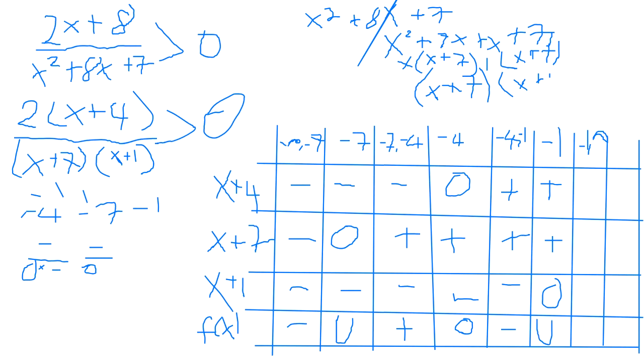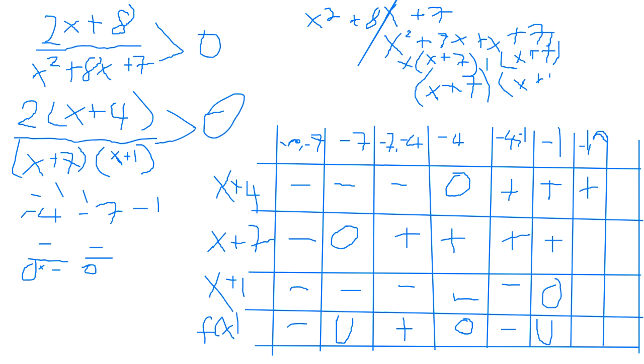Okay, good. So now, our last one. Between negative 1 and positive infinity, we can pick any number, like 0. Exactly. So if I put 0 here, what will I get? Positive. Positive.